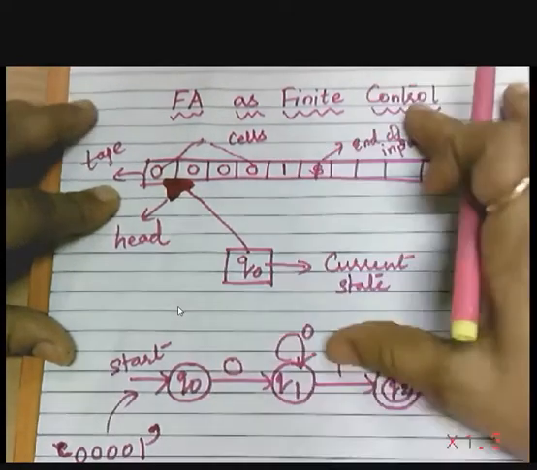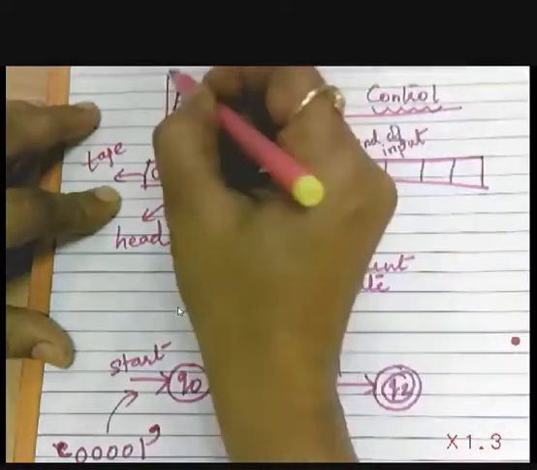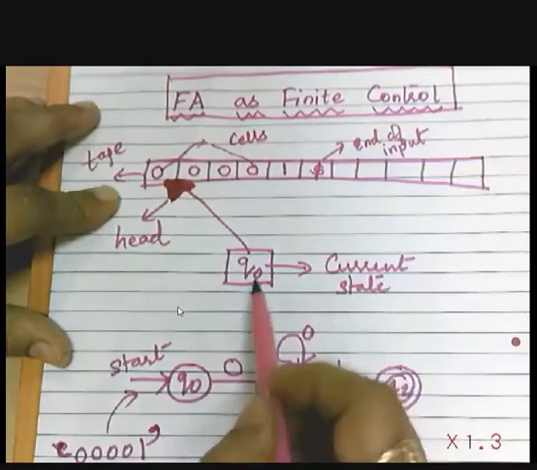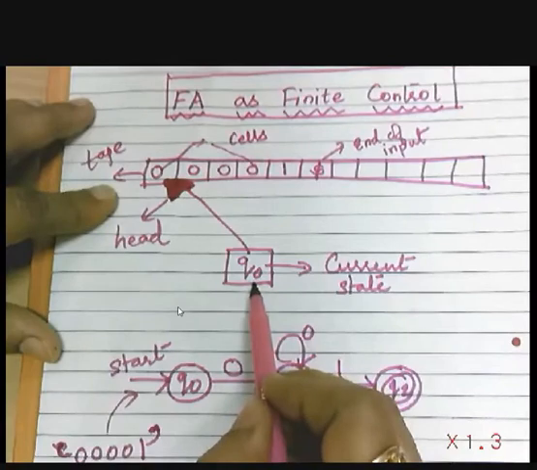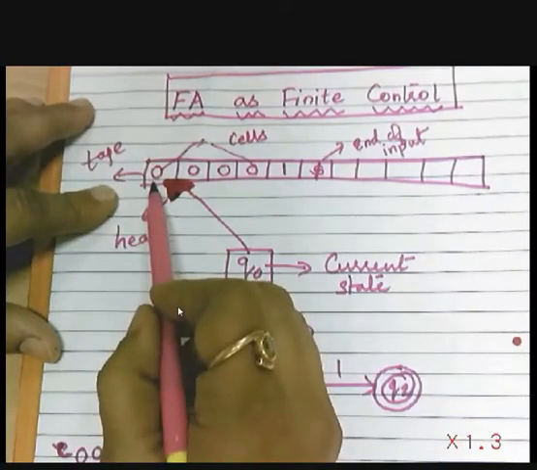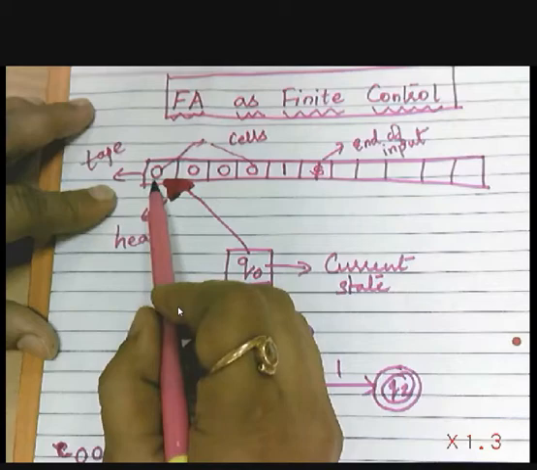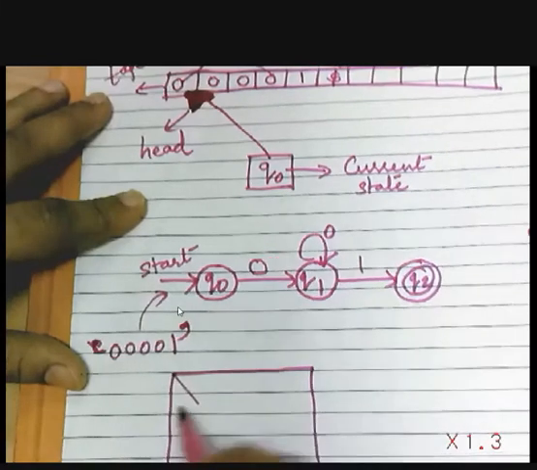Now, how does this finite control work? Very first, we have the current state as Q0, and our control head is pointing to the first symbol of the given string. If you are not comfortable with the diagram, I am also drawing the same table.